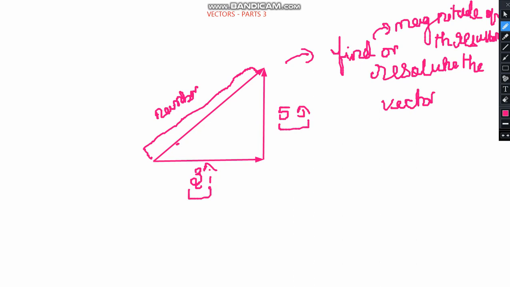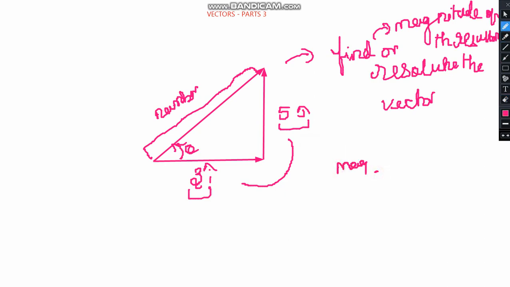So in resolution, we are resolving the component form of a vector to the magnitude and the angle form. If you want to resolve like that, we basically use a very useful formula. Please note this down.